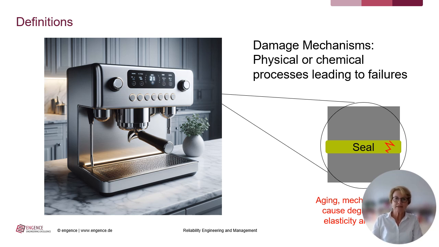One reason is that aging processes in the seal and ongoing mechanical loads lead to a loss of elasticity and cracks. In general, we speak of these processes as damage mechanisms that lead to failure. Typical damage mechanisms are wear, degradation, rupture cracking, fatigue cracking, creep, or corrosion.